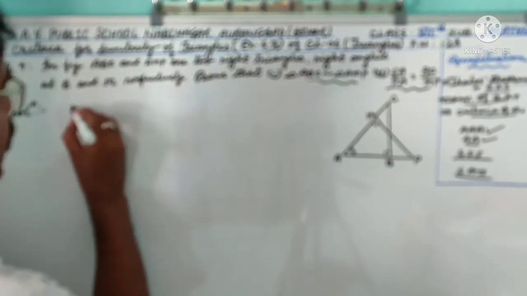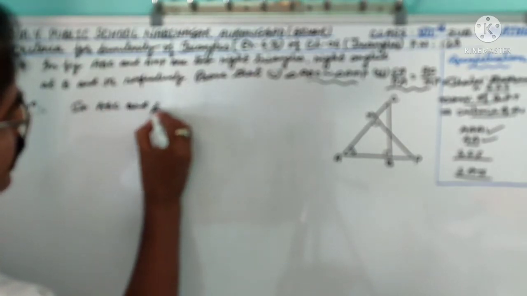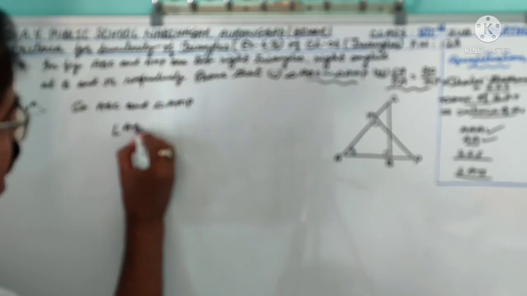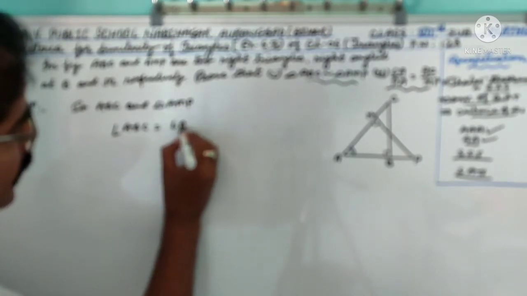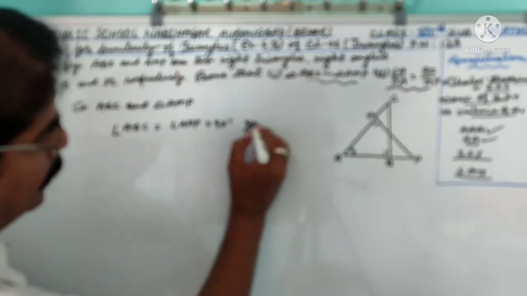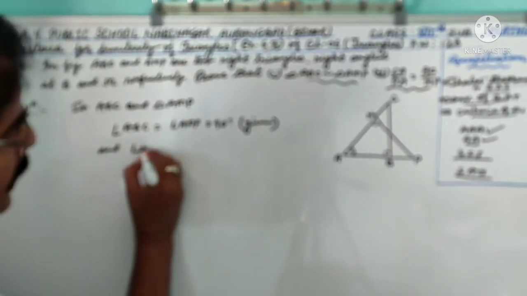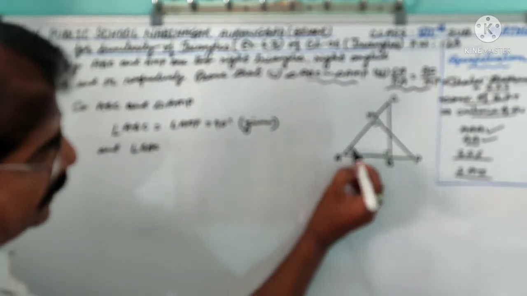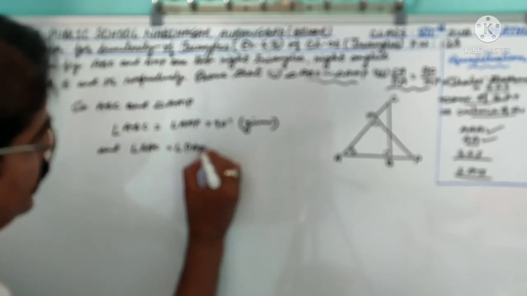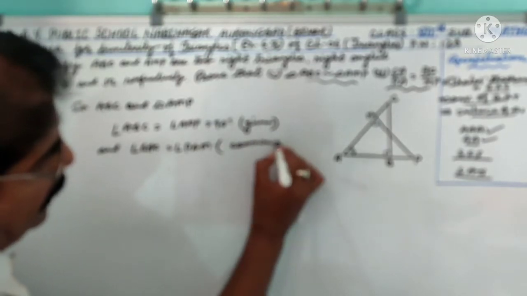So dear students, in triangle ABC and triangle AMP, angle ABC equals angle AMP equals 90 degrees, given, and angle BAC equals angle PAM, common angles.